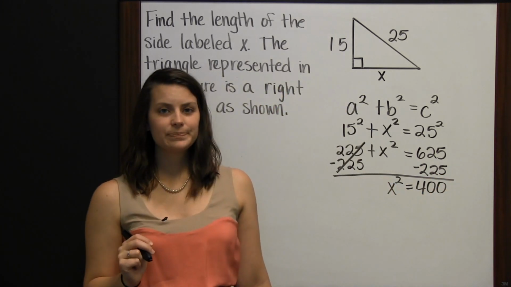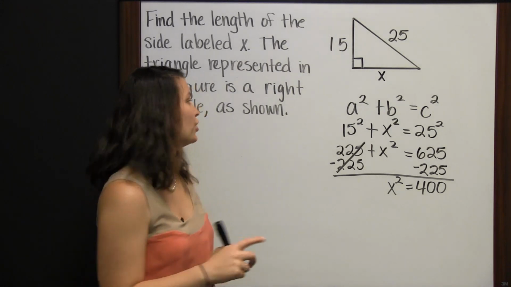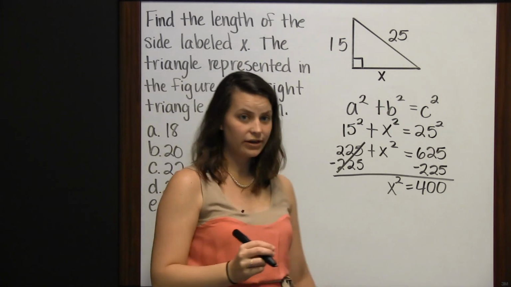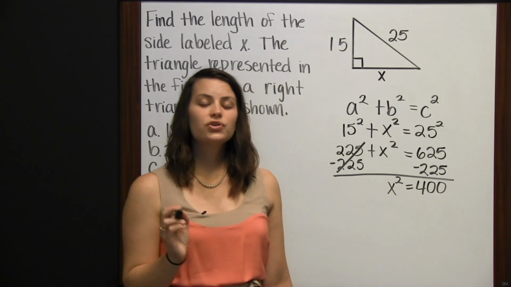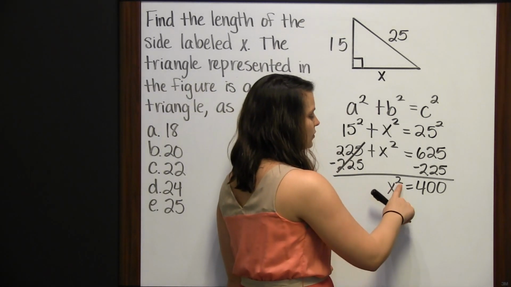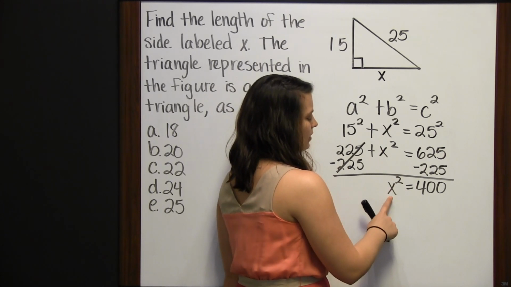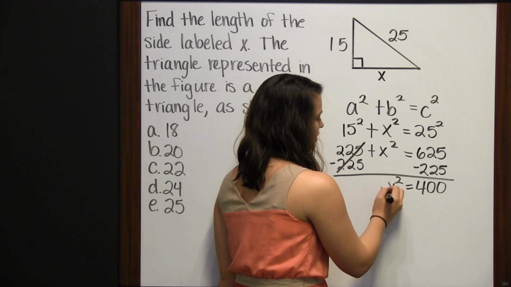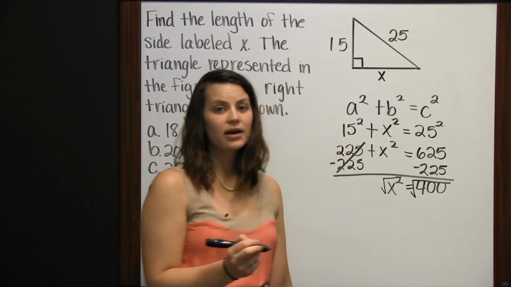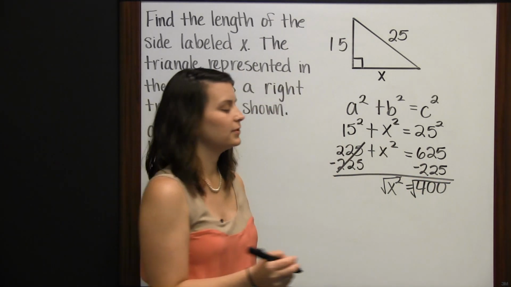And we're almost done. Again, we're trying to find x, not x squared. So in order to solve for x, we need to do the opposite of squaring x. The opposite of squaring x is square rooting x. So we must square root both sides to solve for x.